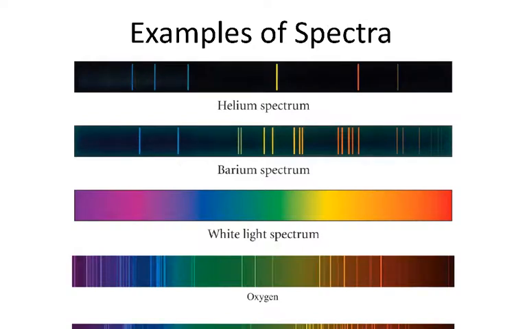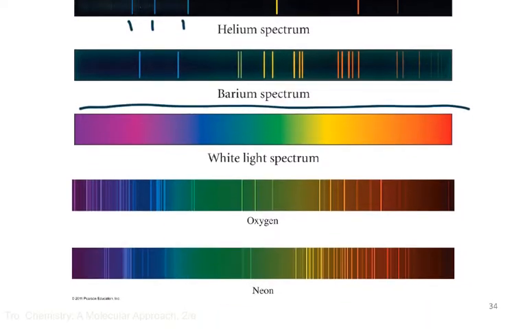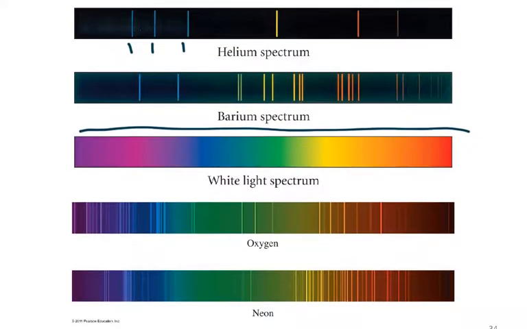Here's another example. So white light, we get all of the wavelengths. Helium, we only get these certain wavelengths emitted. Barium, oxygen, neon, you can see as we have more electrons associated with an atom, there are more photons of different wavelengths being ejected.